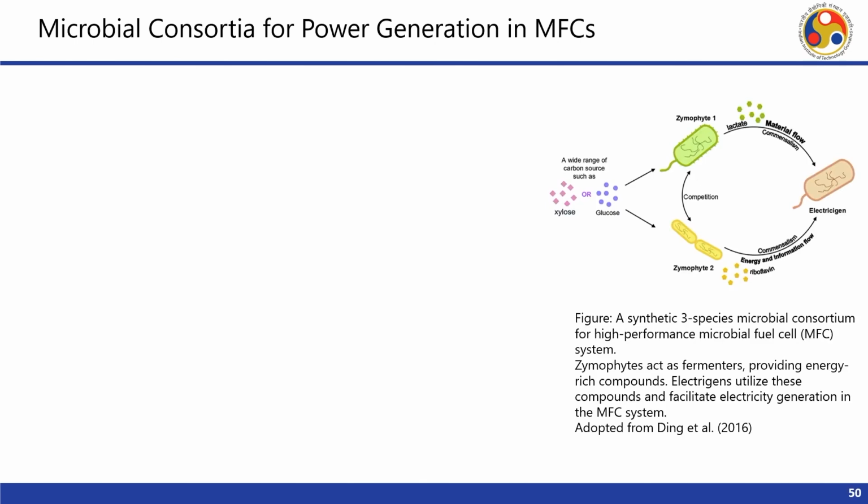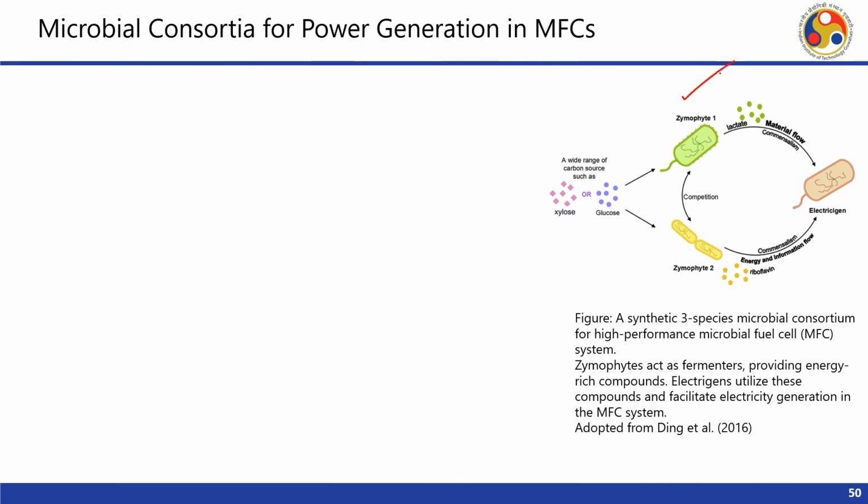So, here in this figure we see a synthetic 3-species microbial consortium for a high performance microbial fuel cell system. Gluconobacter-type fermenters act as fermenters, providing energy rich compounds. Then we have these electrogens, which utilize these compounds and facilitate electricity generation in the MFC system.